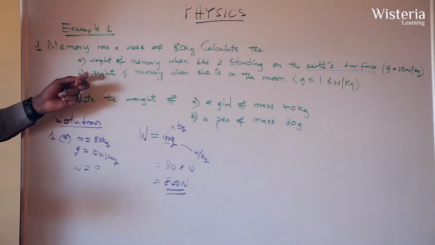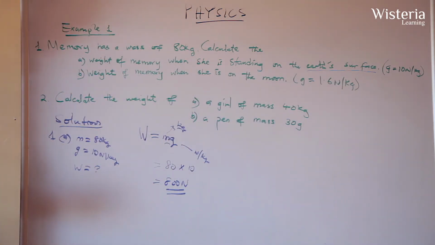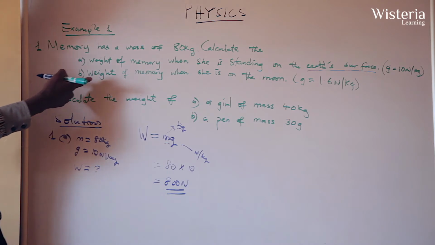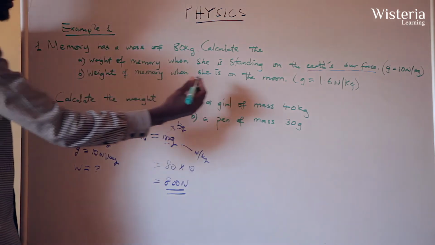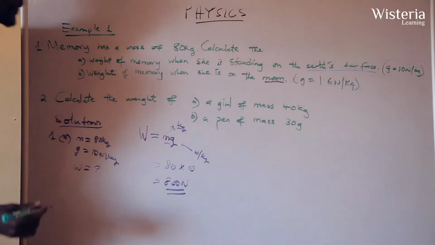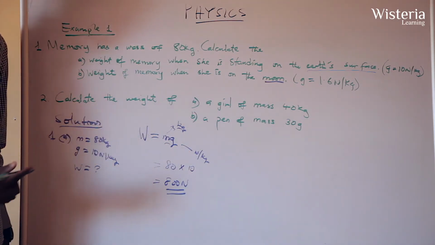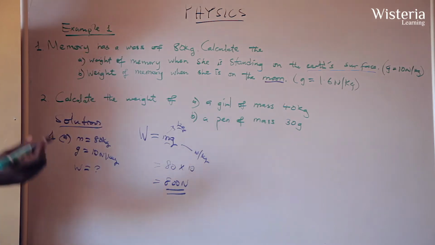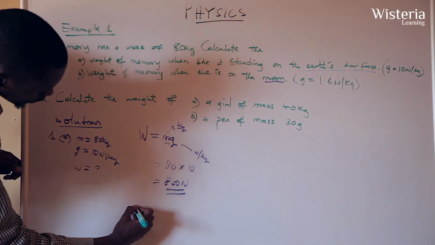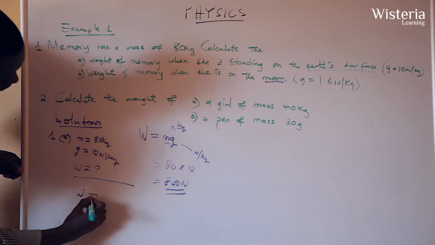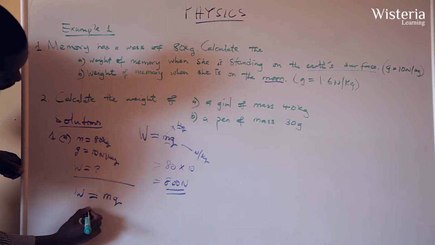Now we are given another question of the same kind, which says: what would be the weight of Memory when she's standing on the moon this time? So here we have a difference. When she's on Earth, that would be her weight, and when she's on the moon, we still calculate weight equal to mass times gravity.